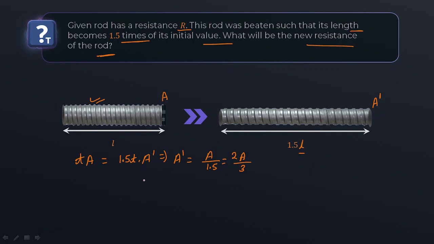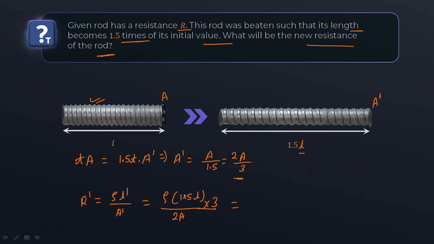Now, we know that resistance R dash will be equal to rho L dash divided by A dash, right? So rho L dash is 1.5 L, divided by area, which is A by 1.5, or we can write this value as 2A by 3, like this, yes or no?